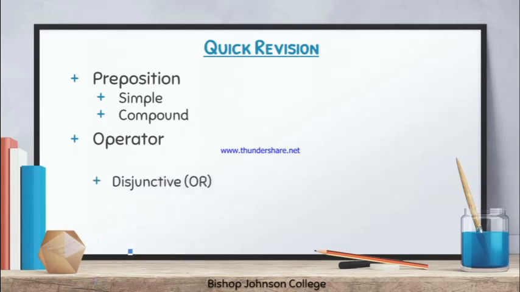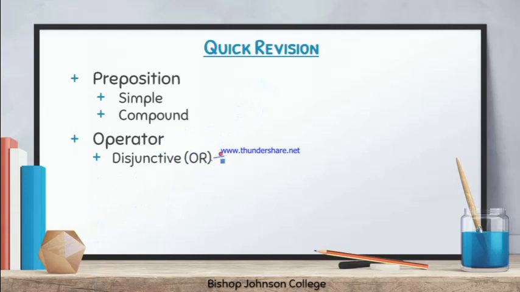There are different types of operators. First is disjunction. Disjunction, also known as the OR operator, is represented by the symbol plus or V. In the table, A and B are two propositions having values 0,0, 0,1, 1,0 and 1,1. In the OR operator, A plus B, when any one is 1, the result is 1.